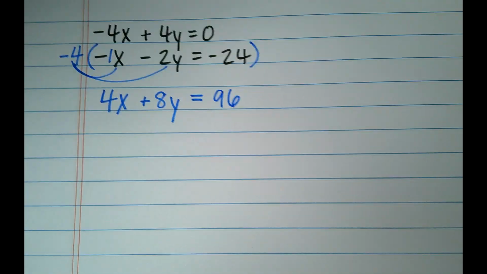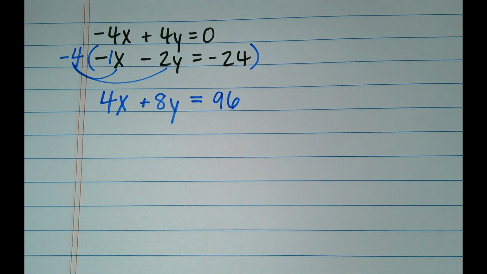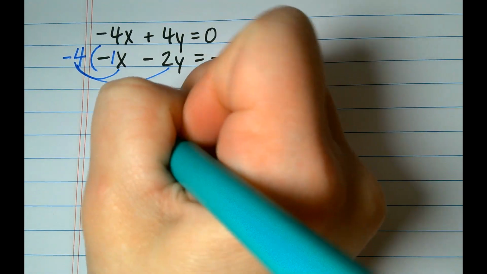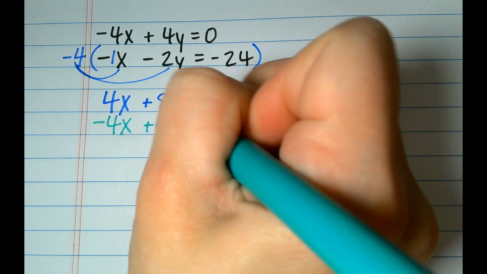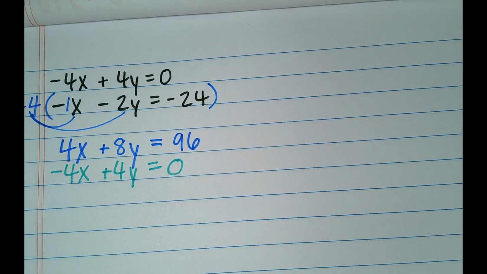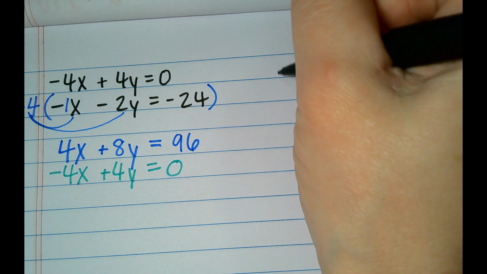Okay. And then we would just bring down the other equation and add them together. So I'm going to write down both of the methods that we've got going here. We've got this one, and we also have the one where we decided to cancel the y's instead.